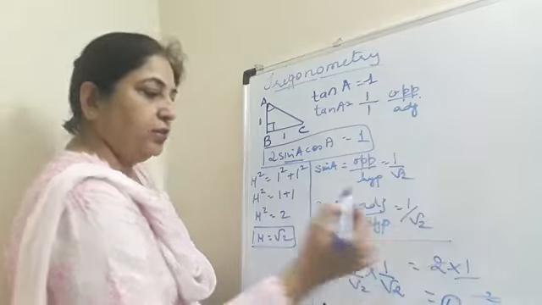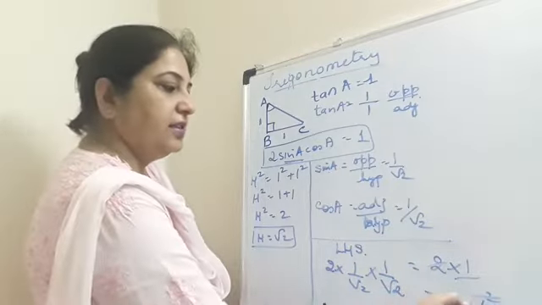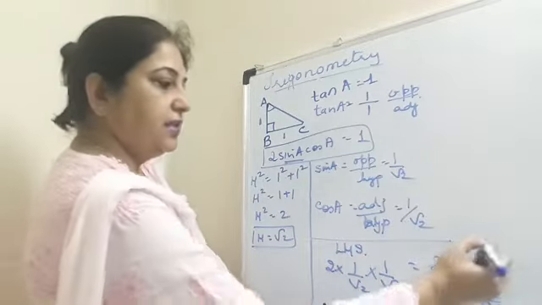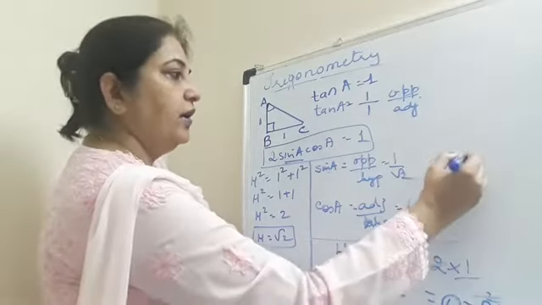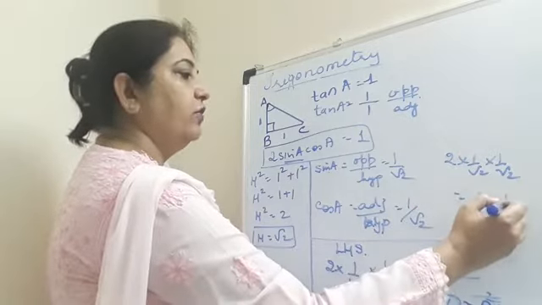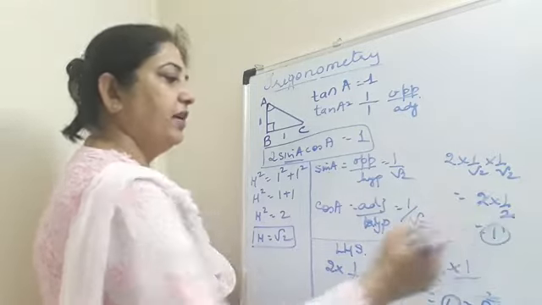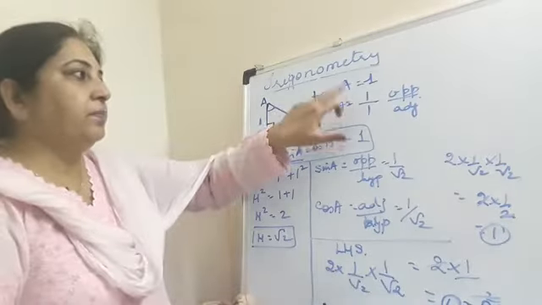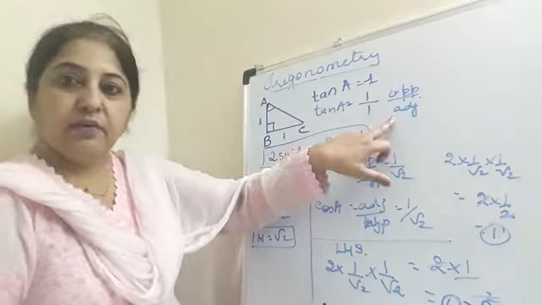Therefore I get 1, and 1 is equal to RHS. If you cannot see, I'll write it again over here: 2 into 1 by root 2 into 1 by root 2, which is 2 into 1 by 2, and therefore you get 1.